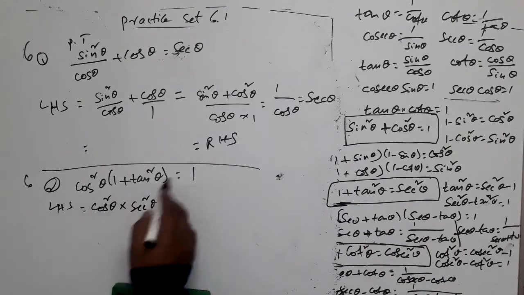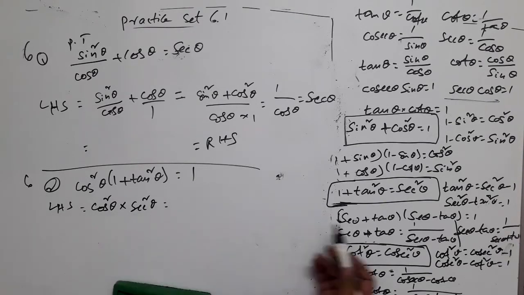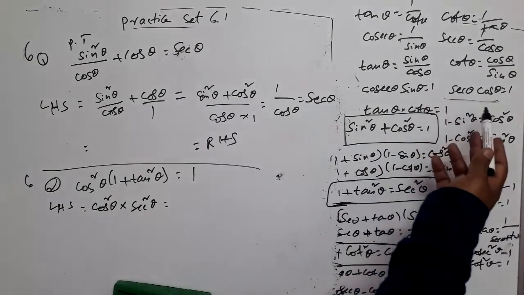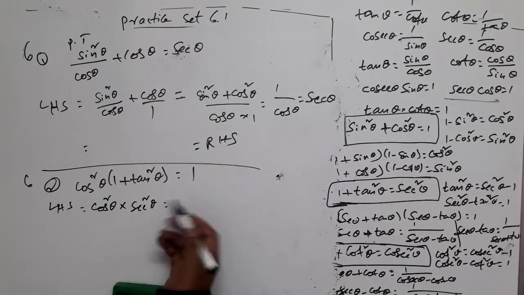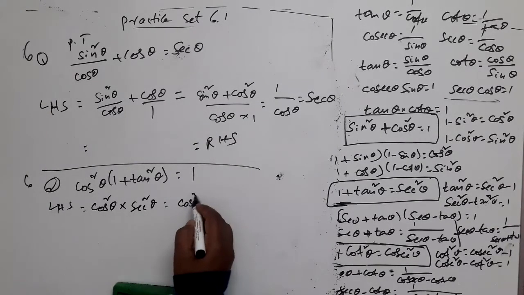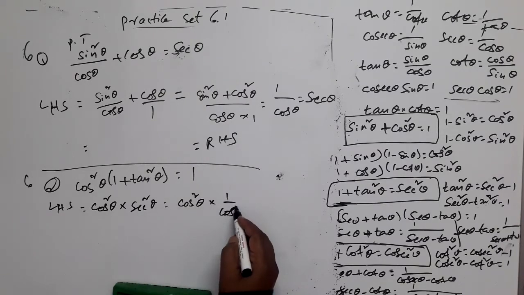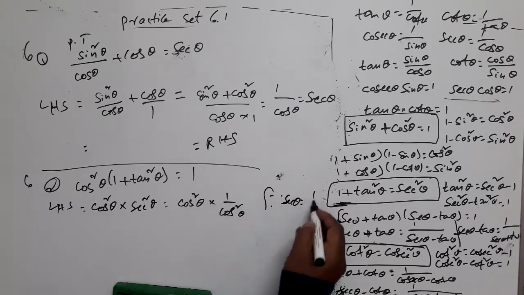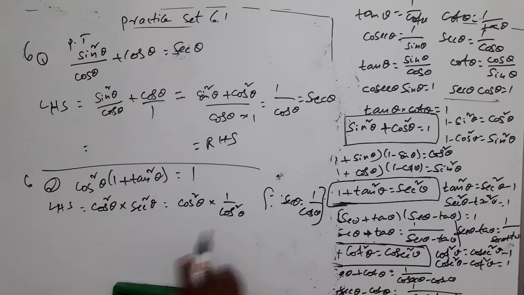Of course, you write LHS is this, start here. Next step you write here. But cos theta and secant theta are reciprocal of each other. So secant theta multiplied by cos theta is 1. Or to put it another way, in the place of secant theta, I am writing 1 by cos theta, because secant theta is 1 by cos theta.